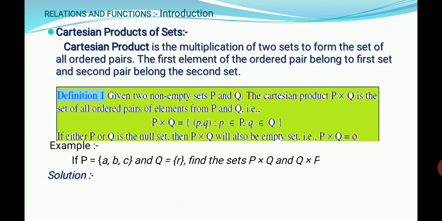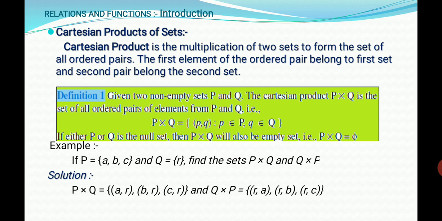So first A with R from Q, the first answer is (A, R), then same (B, R) and (C, R), that is the Cartesian product P cross Q.